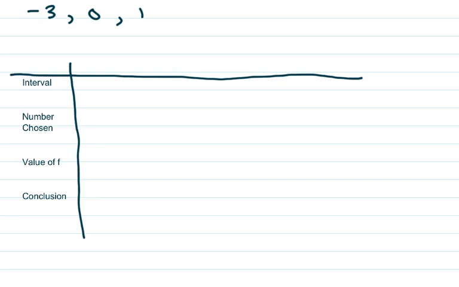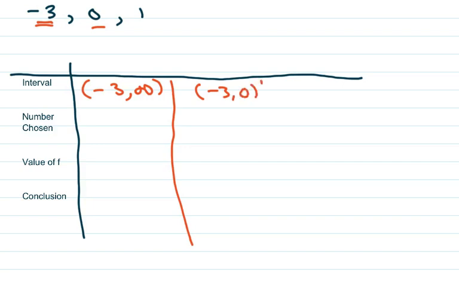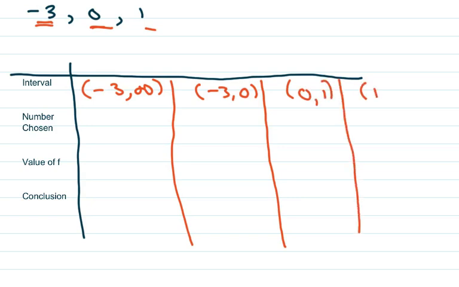So the intervals I'm going to choose for this one will be negative infinity to negative 3, then from negative 3 to 0, then from 0 to 1, and then from 1 to infinity.